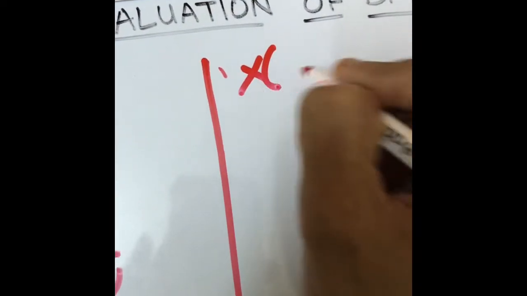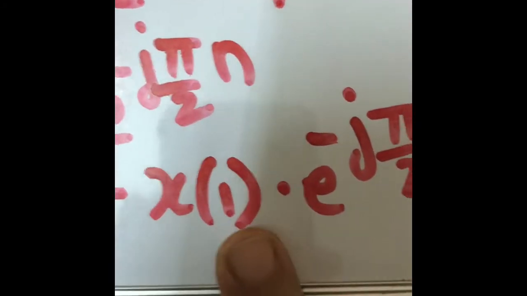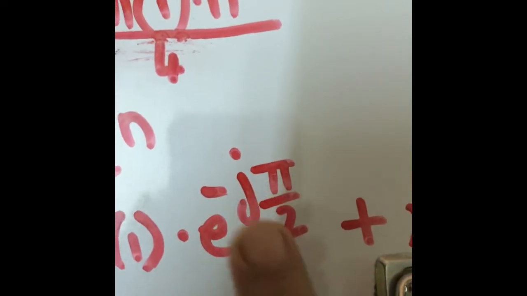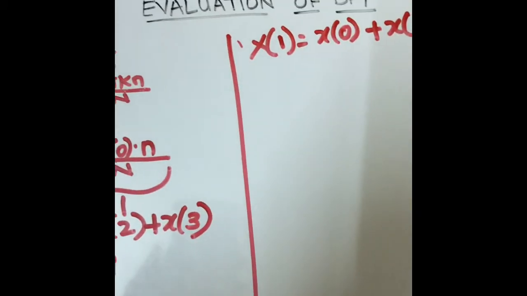So X of 1 is equal to x of 0 plus x of 1. Now here we can say x of 1 is multiplied by e raised to minus j pi by 2. E raised to minus j pi by 2 will be cos pi by 2 minus j sin pi by 2.